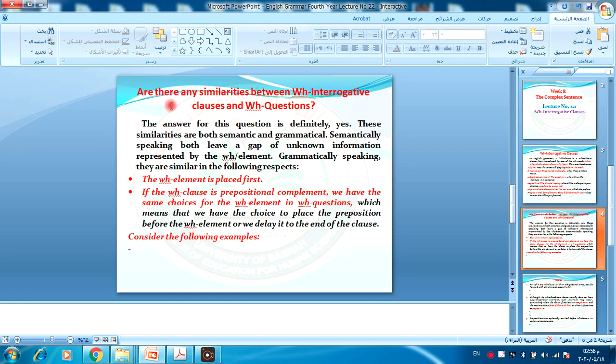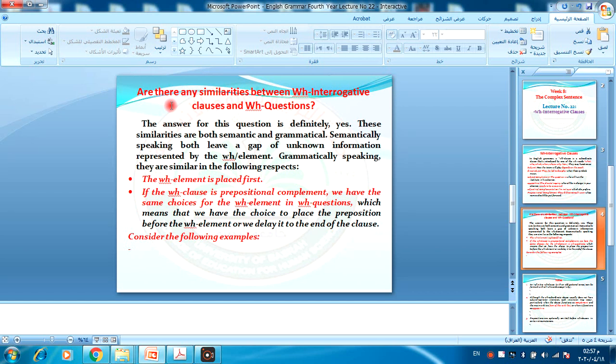So for example, when I ask a question, I say, how did you do it? Now here the unknown information is represented by the question word how. So how here represents what? The unknown piece of information. Both of them contain the same item of unknown information. On the grammatical level, they are similar in the following respects.